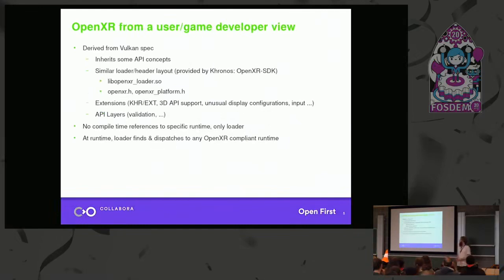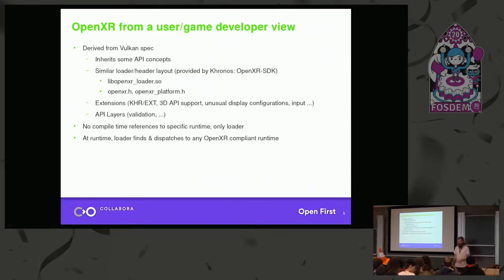So what do you need to know as a game developer about OpenXR? The specification is derived from the Vulkan specification. So if you know this and read through OpenXR, it will look familiar. It inherits some API concepts, and the concept of having a loader and headers that are provided by an OpenXR SDK that is provided by Khronos, and your application only interacts with this loader and these headers, and the loader will be responsible for finding and using a VR runtime.